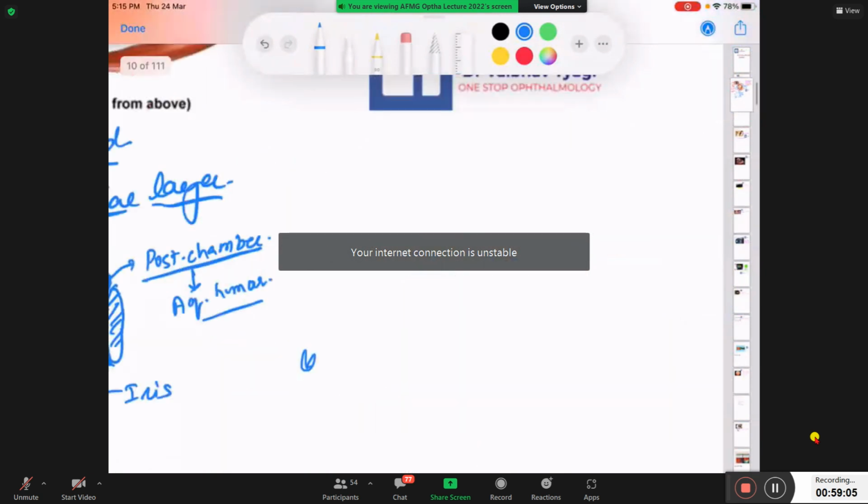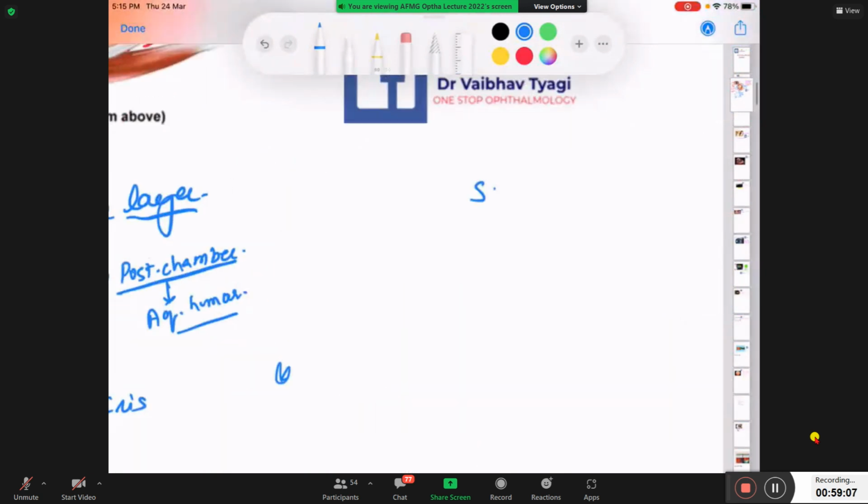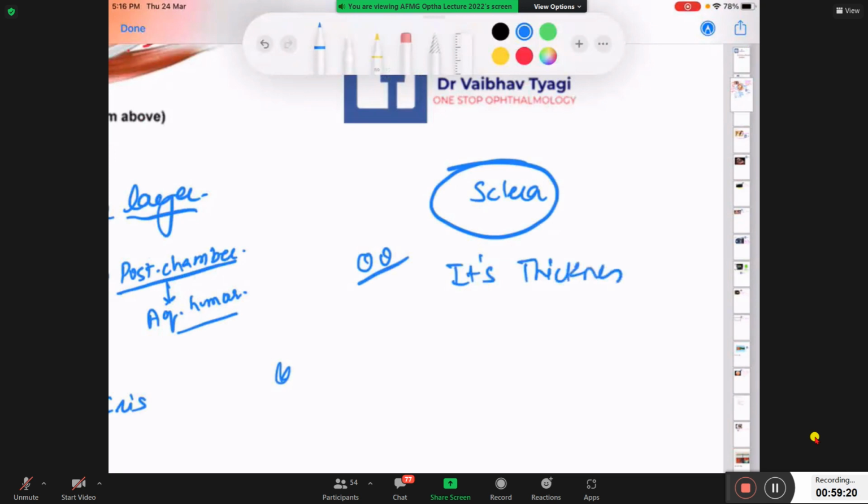So write down in sclera, heading sclera. Next heading is sclera. The important point is that it is not uniform. Its thickness varies, right? So the thickness of the sclera is not uniform.